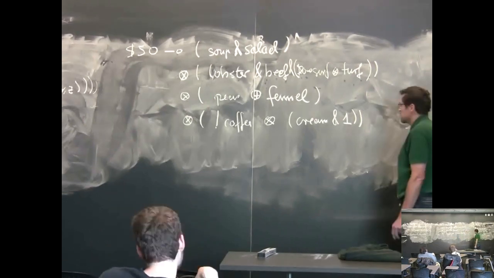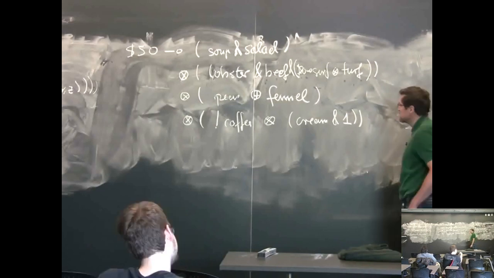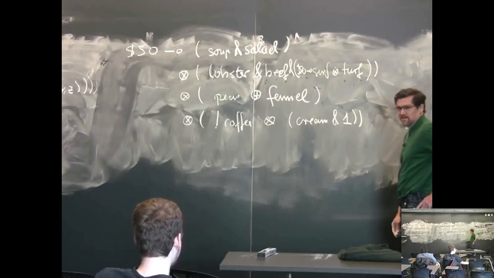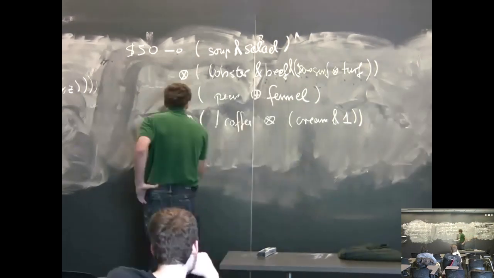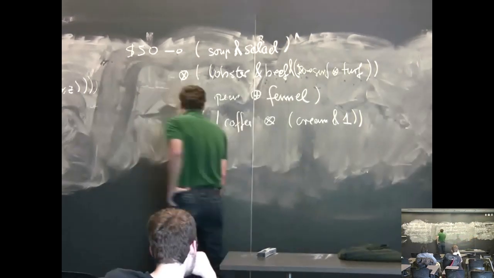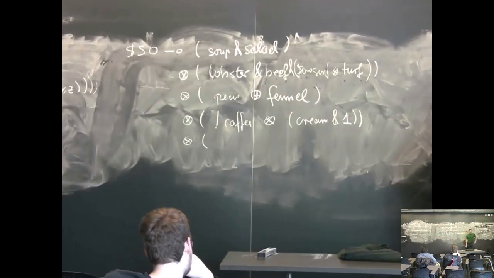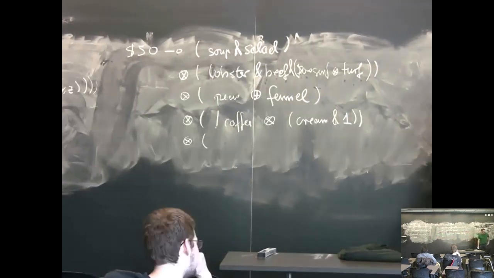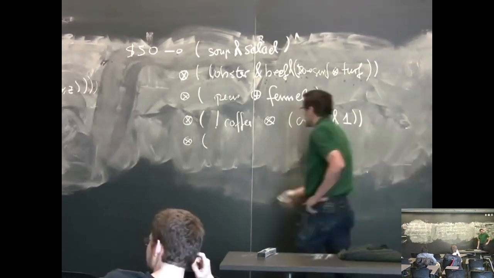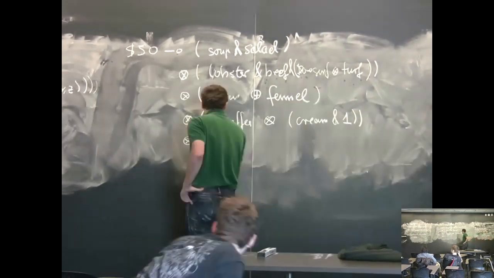And anything else I should get with this particular menu? Dessert? Okay. So let's say either you can get cake or you can get a $5 refund if you don't take it.